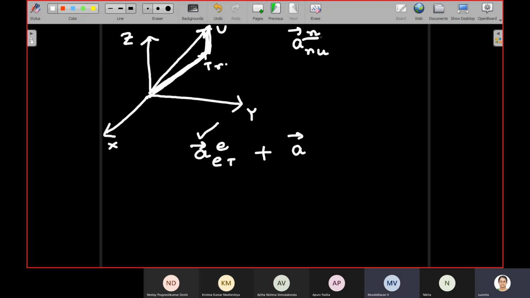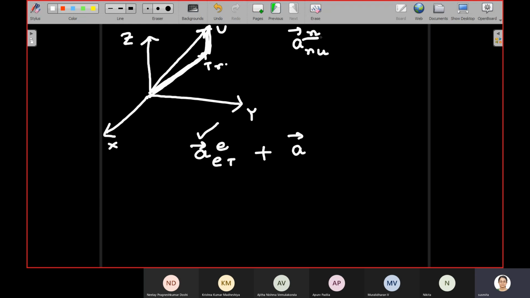Maybe ECF. ECF. How will you find it in ECF? Don't you know how to find it in ECF? How can you change the resolving frame? What did we discuss in the class? Is there a way to change the resolving frame?